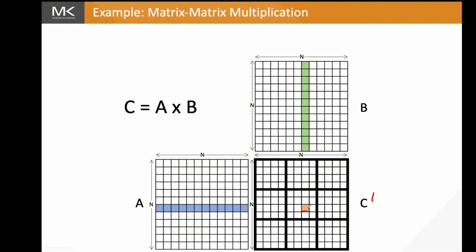So we can assign a thread to load this row from matrix A, and also load this column from matrix B, perform the dot product, and then store the result into C. In, I think, 2 lectures later, you're going to see why this is inefficient and how we are going to make it more efficient. But for now, just consider this simple strategy that each thread loads the corresponding row and column and then performs the dot product.